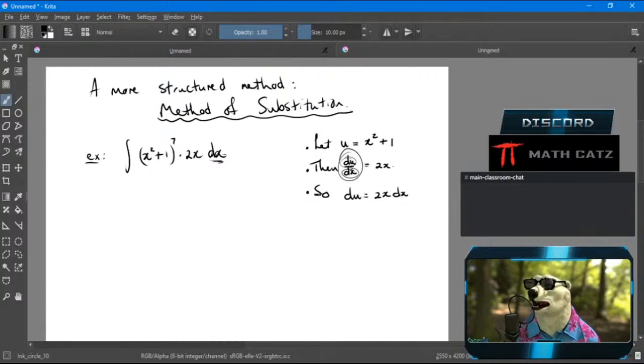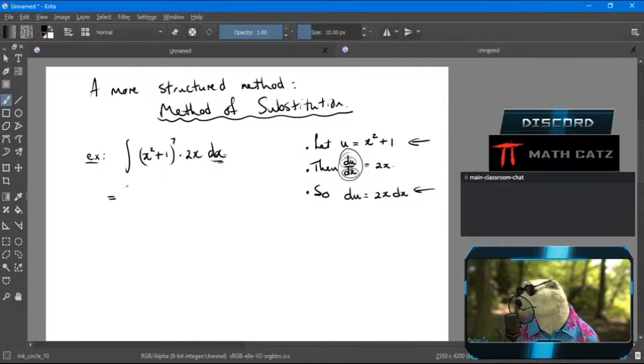If I now look at the first line and the last of my 3 lines, I can use those 2 lines to rewrite this integral to be a new looking integral, but with the variable u instead.